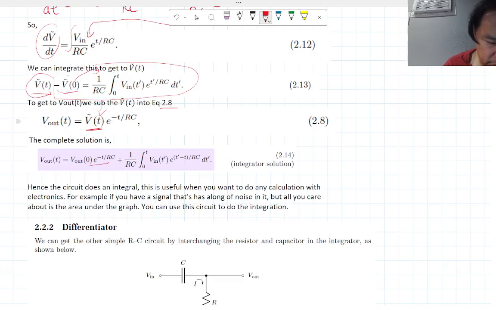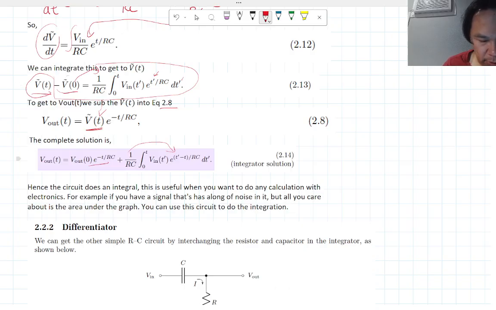The integral stays the same. What happened is that this e to the negative t over RC gets multiplied into it, and we're going to do a little switcheroo, because this t prime in here is just the integration variable.